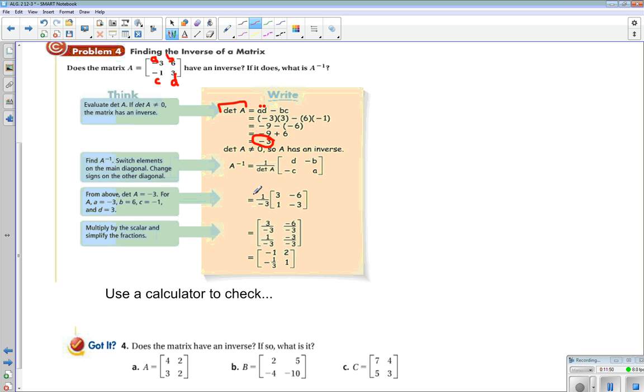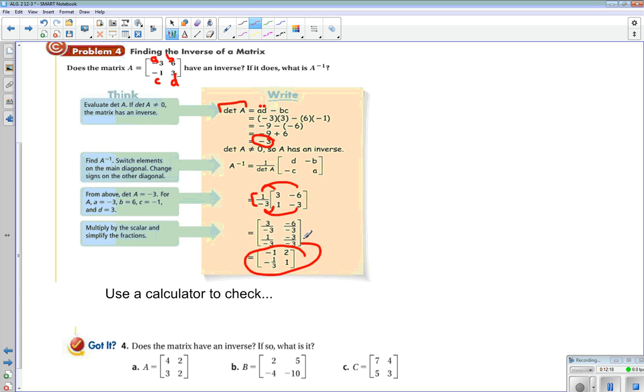Then I go 1 over the determinant here, and then I shift around, so I switch A and D. So instead of negative 3 and 3, I have 3 and negative 3. And then I want to change the signs of negative 1 and 6. So instead of negative 1, I have 1. Instead of 6, I have negative 6. And then you multiply this through, and voila, you have the inverse.